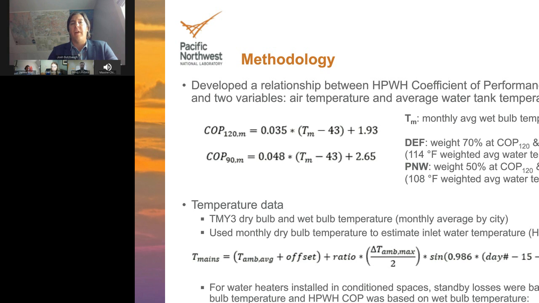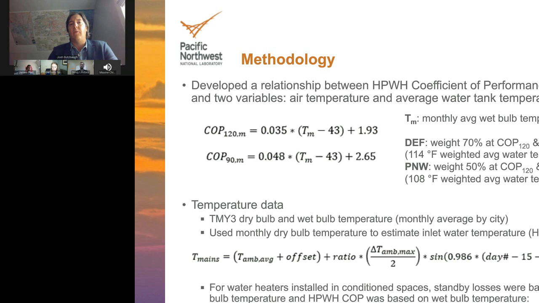I grabbed the temperature data from EnergyPlus, using the TMY3 dry bulb and wet bulb temperature data, monthly averages by city, using the cities that were in the Pacific Northwest study and weighting them, and then using the cities for the Duke Energy Florida service territory and weighting them based on some weighting factors that George had given me that Duke Energy Florida uses.